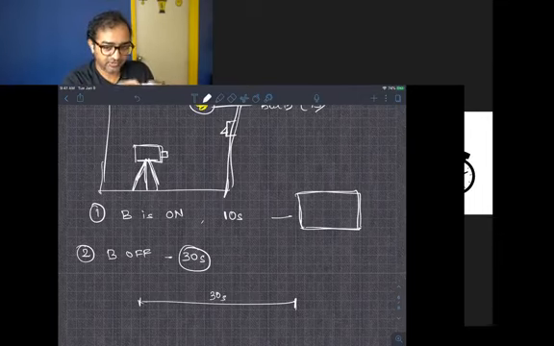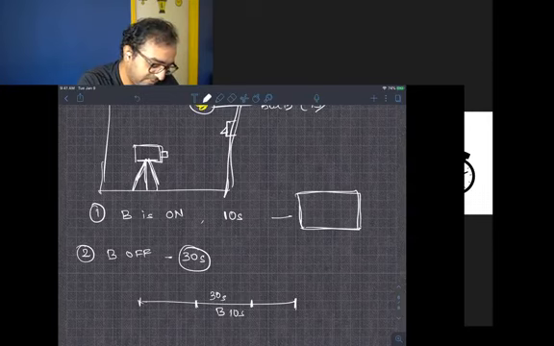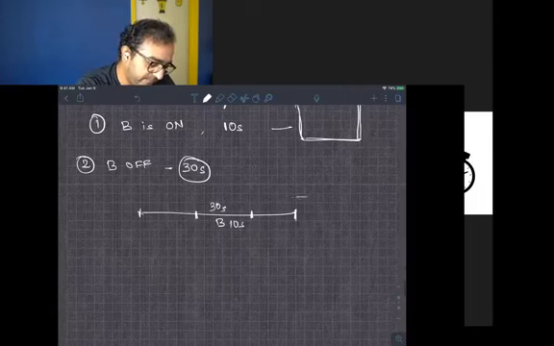The shutter is open for 30 seconds. In the middle of these 30 seconds, I switch on the light bulb B for 10 seconds. Right? The bulb is on for 10 seconds and then I switch it off again. And then I get a photograph. This is the photograph I get. Whatever that may be.